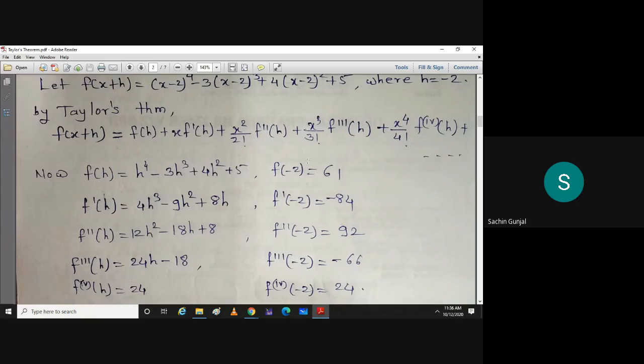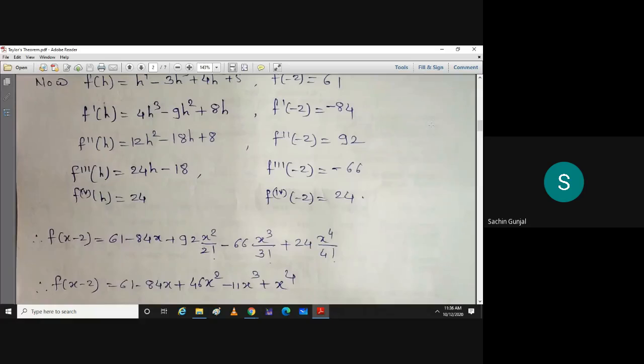So substitute these coefficients: 61, minus 84, 92, minus 66, and 24. So you will get the expansion of f of x minus 2 in powers of x as 61 minus 84x plus 46x square minus 11x cube plus x raised to 4. Okay, any doubt? Please understand this.